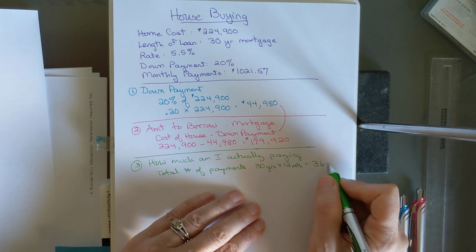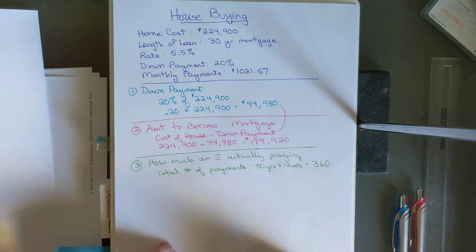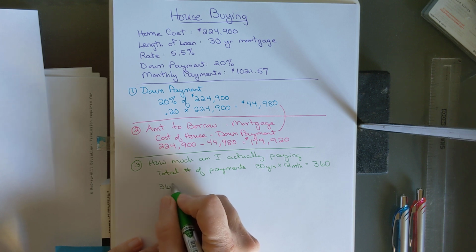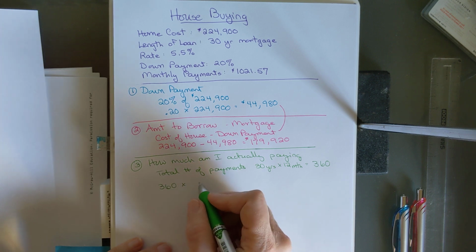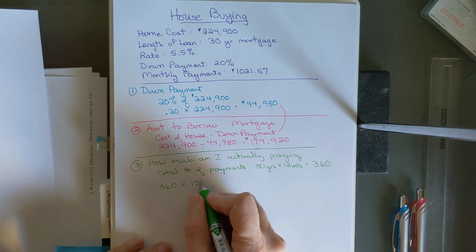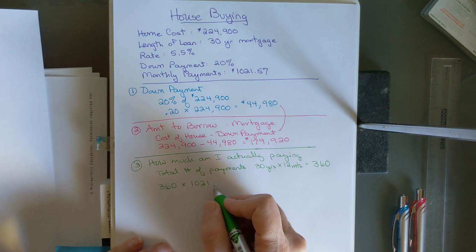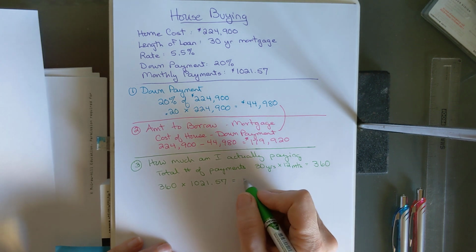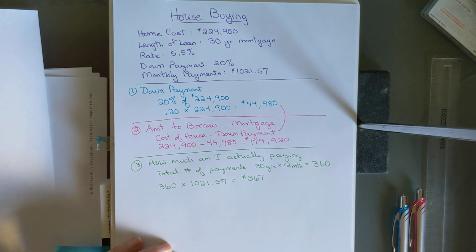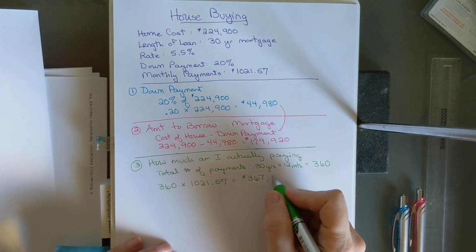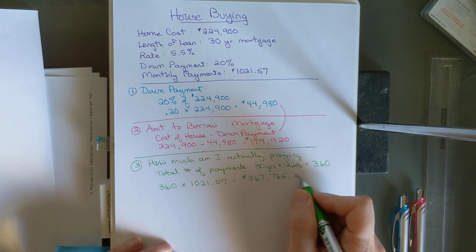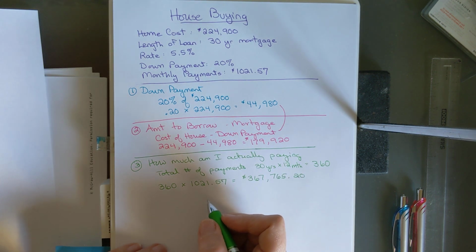So I'm going to make 360 payments. Now I'm going to take my 360 payments and I'm going to multiply it by my monthly payment, the $1,021.57, and I find out that over 30 years I'm paying $367,765.20.